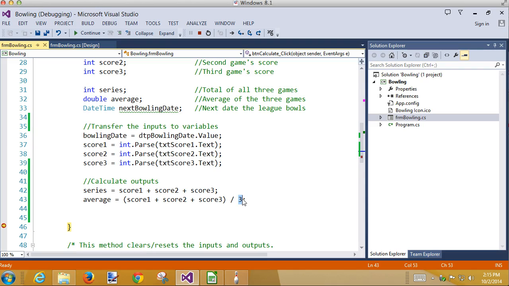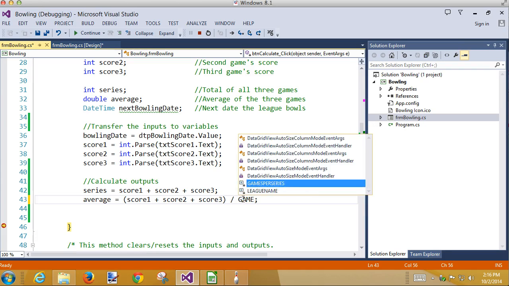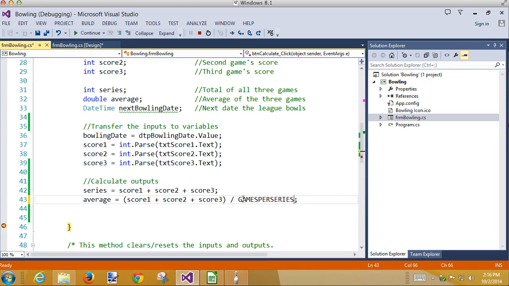To improve readability, not because we have to. It obviously works without it. And I wouldn't even suggest that you do it because the number of games per series isn't going to change unless we come up with some of those stupid rules I talked about last time. It isn't probably going to change, but it might improve readability, and we need some experience. So there's games per series.